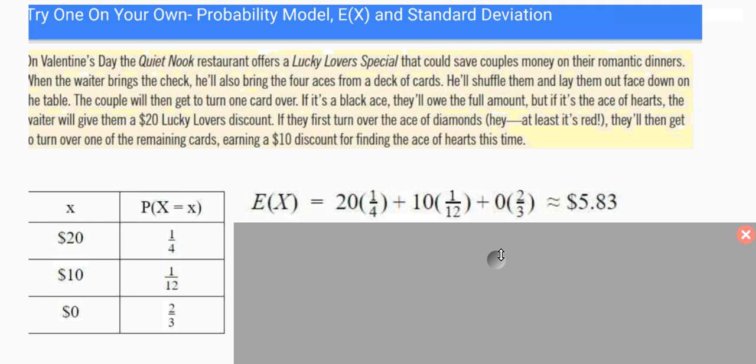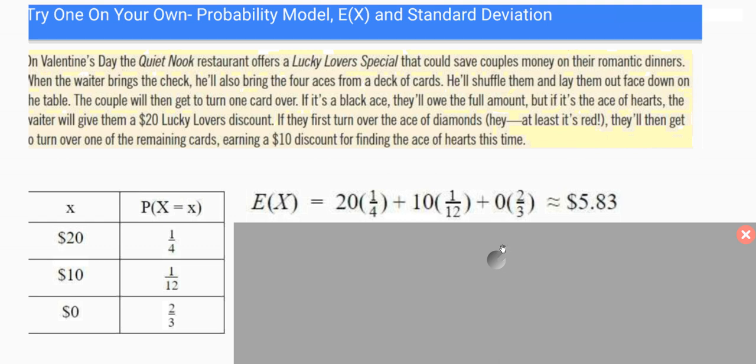On average, you can expect a discount of $5.83. You're never going to get that as a discount, but if you did this over and over and over again, which probably not any one couple is going to do, from the restaurant's point of view, on average, they would have to discount $5.83. So maybe they jack up the prices $10 and then they won't worry about whatever discounts they have to pay out.